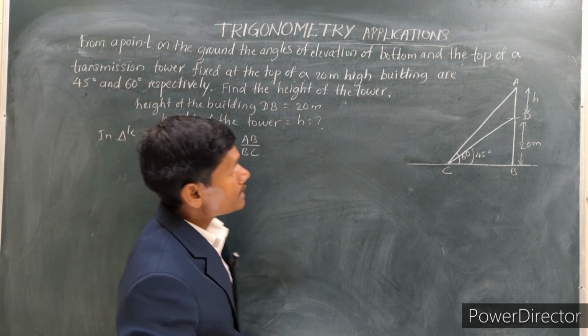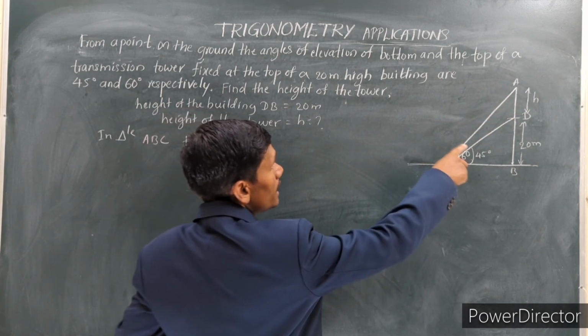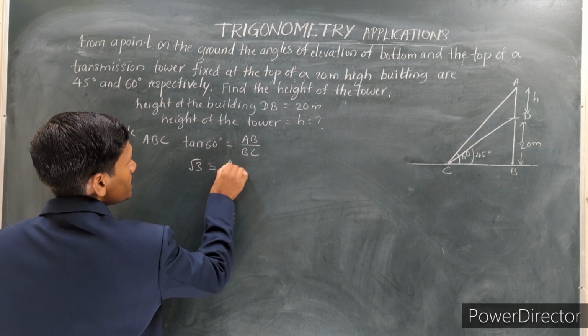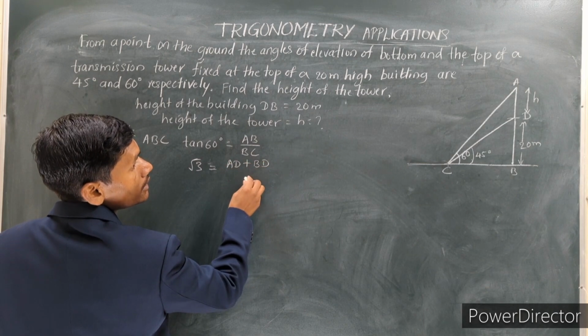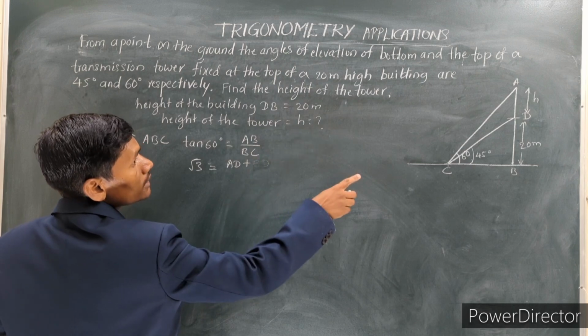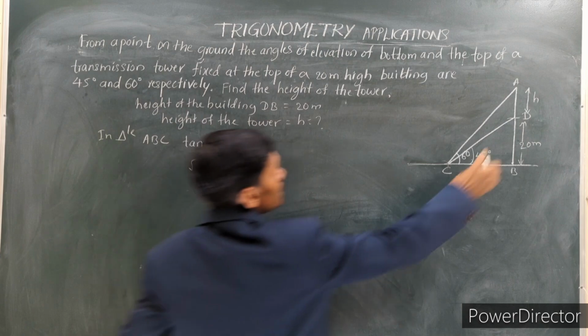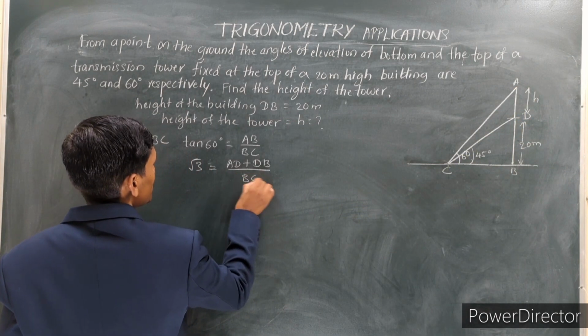AB is what? Can I write this as H plus 20? That is AD plus BD, I can write this. AB can be written as AD plus DB. See, AD plus DB divided by BC.